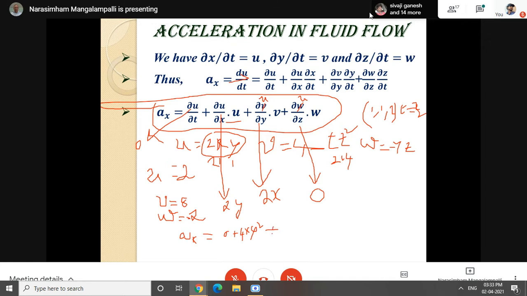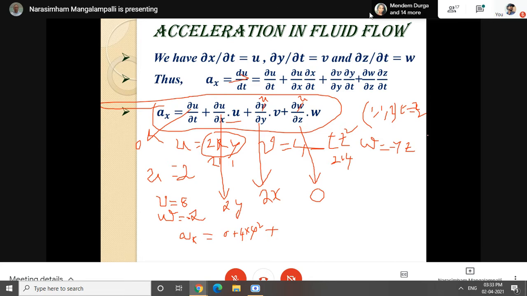Plus, what is v? V is 4t z square. So v is 4t z square.